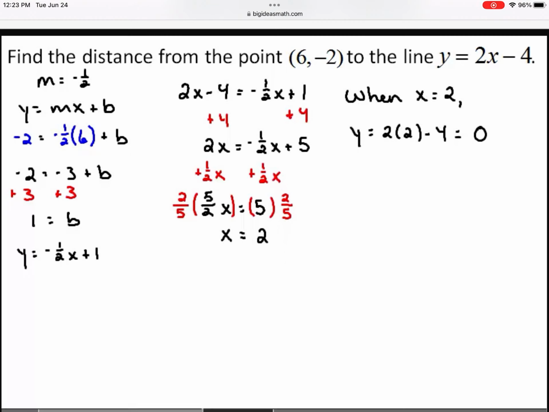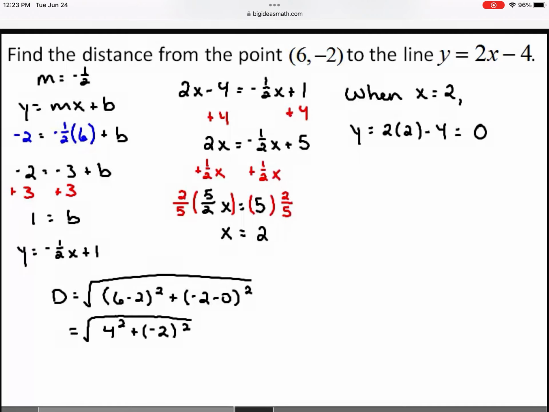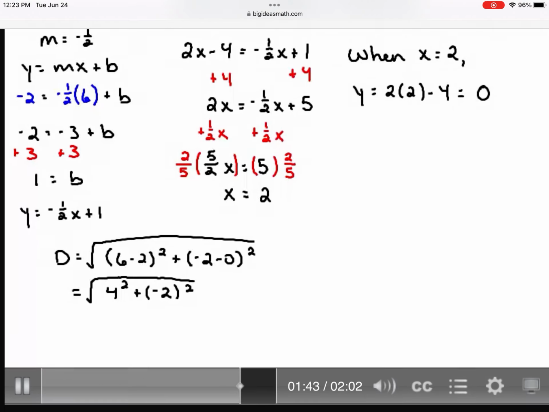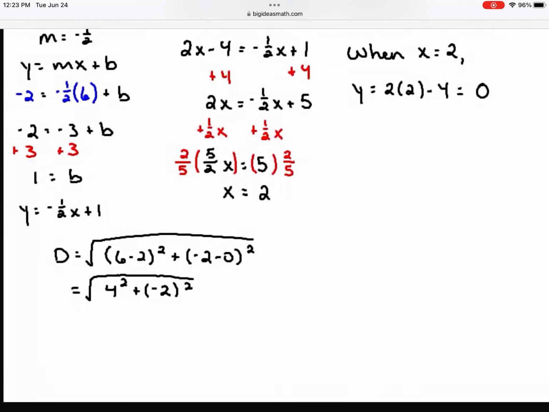So now use the distance formula to find the distance between your intersection point and the point 6, -2. So d equals the square root of the quantity 6 minus 2 squared plus the quantity -2 minus 0 squared. 6 minus 2 is 4, and -2 minus 0 is -2. 4 squared equals 16, and -2 squared equals 4.